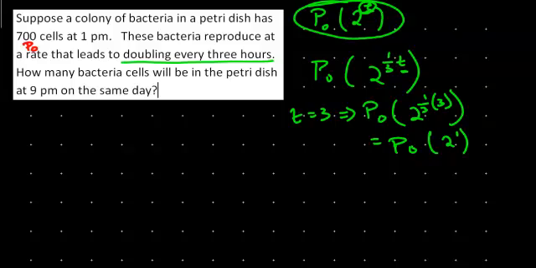If it was going to double in 4 hours, that would need to be a 4 down there instead of a 3.